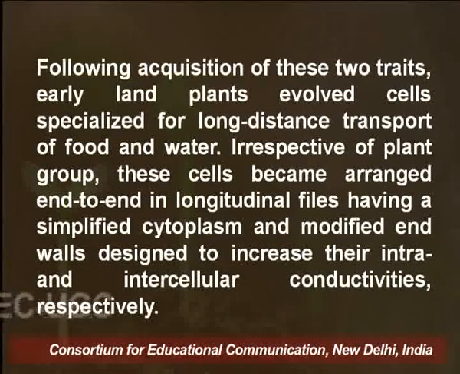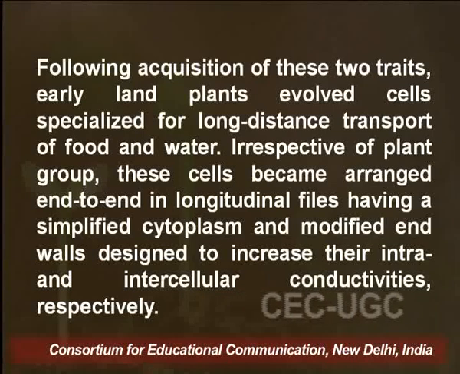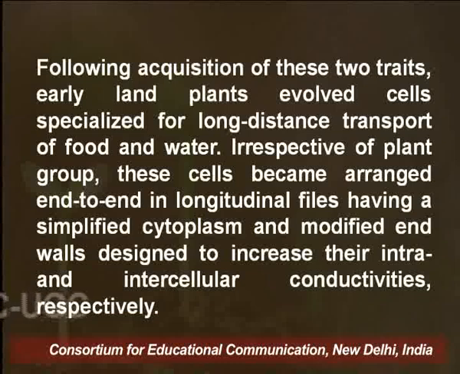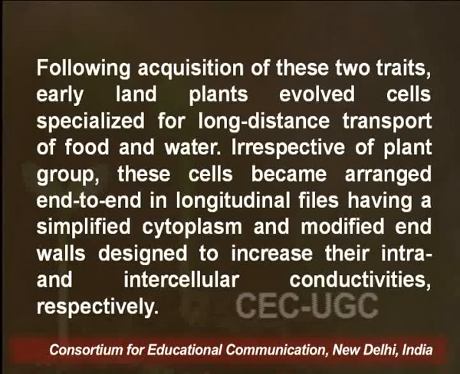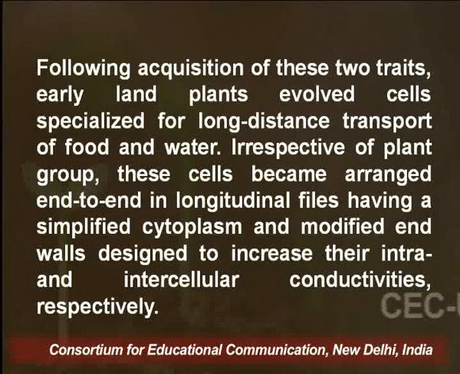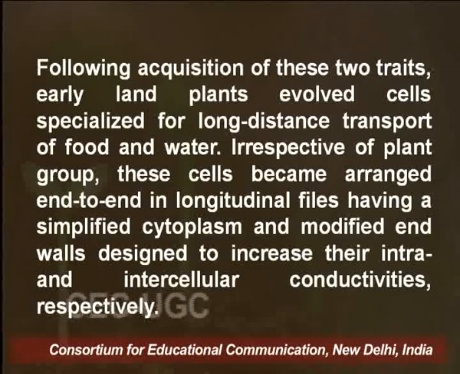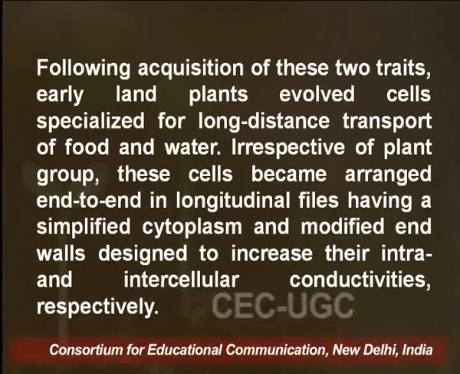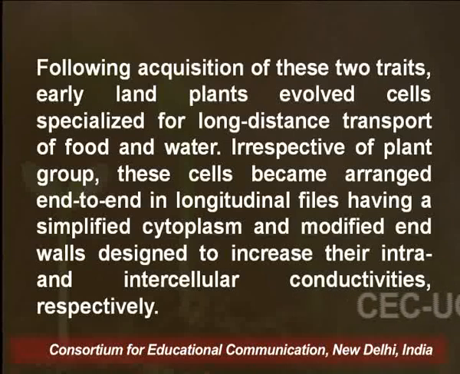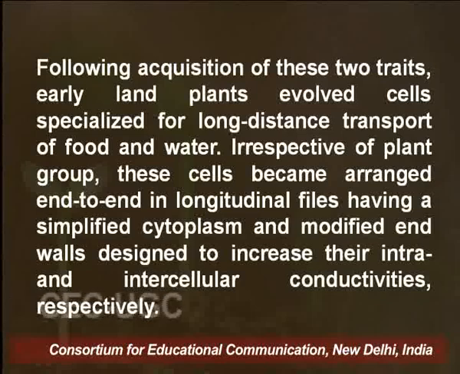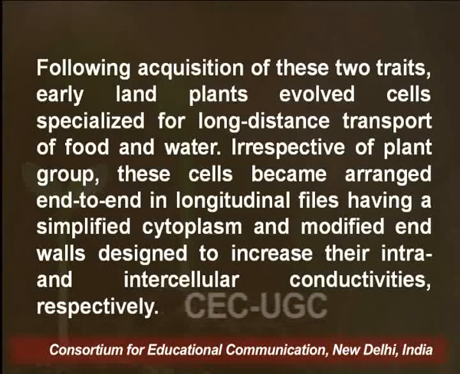Following acquisition of these two traits, early land plants evolved cells specialized for long distance transport of food and water. Irrespective of plant groups, these cells became arranged end to end in longitudinal files having a simplified cytoplasm and modified end walls designed to increase their intra and intercellular conductivities respectively.